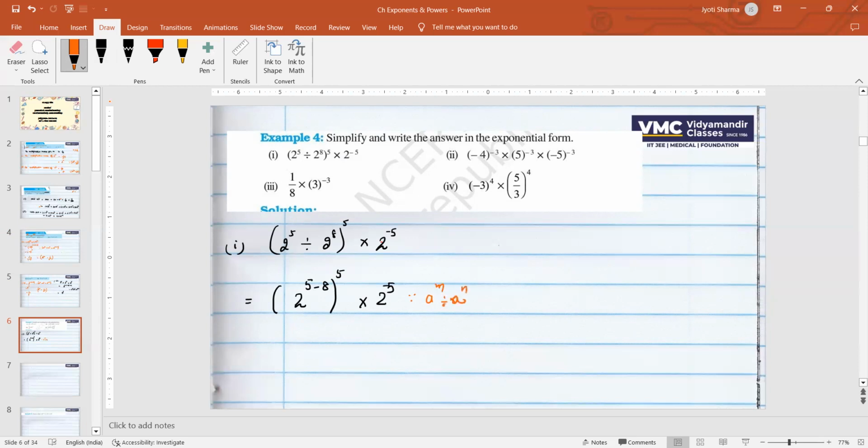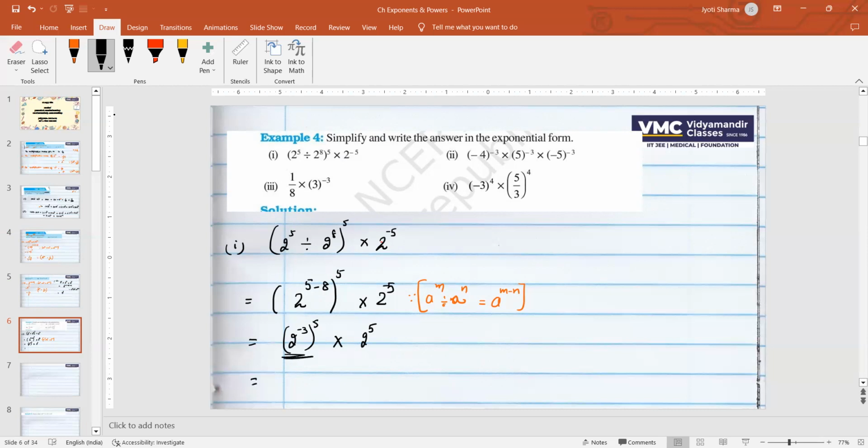In that case, the powers will be subtracted by using the law. So here I will get 2 to the power -3, not multiply, outside the whole power is 5, and then multiply 2 to the power 5.